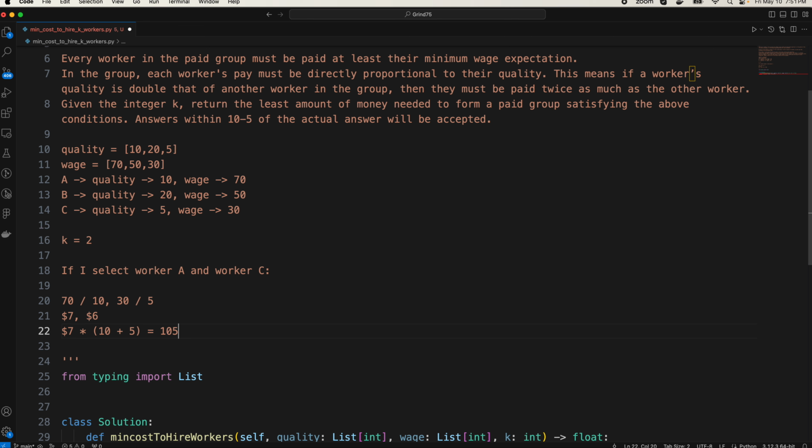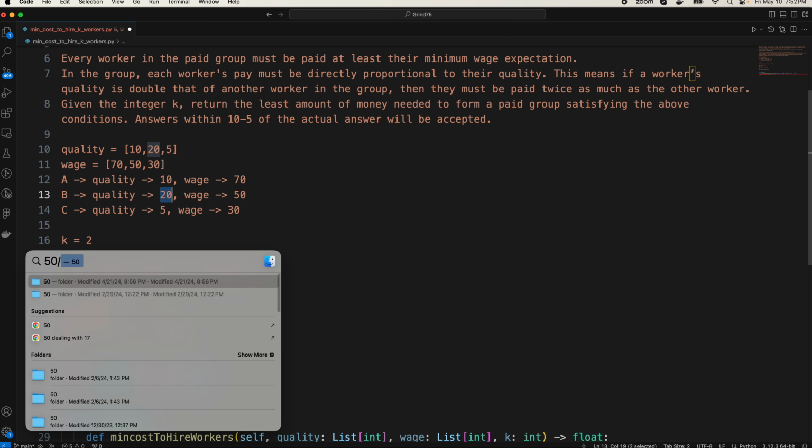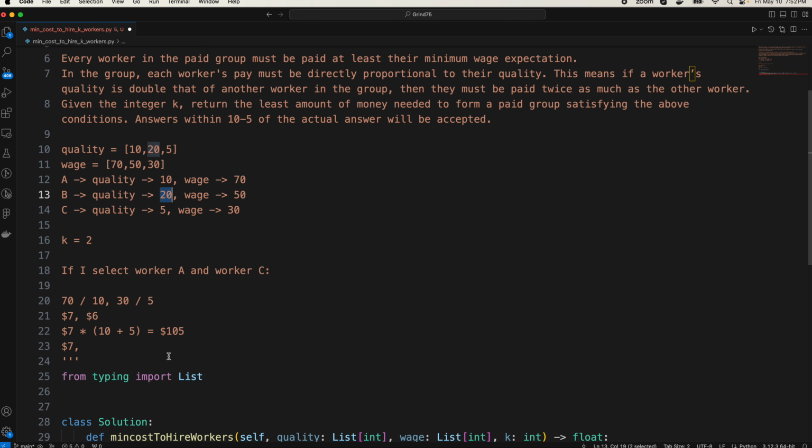If I do the same thing for A and B, let's see what happens. For A it is $7. For B it is 50 divided by 20, that is $2.5.